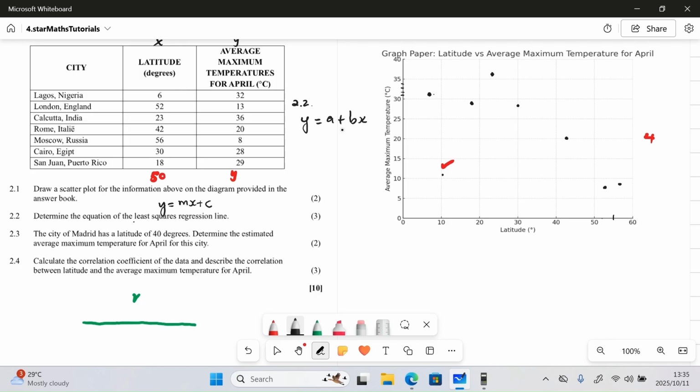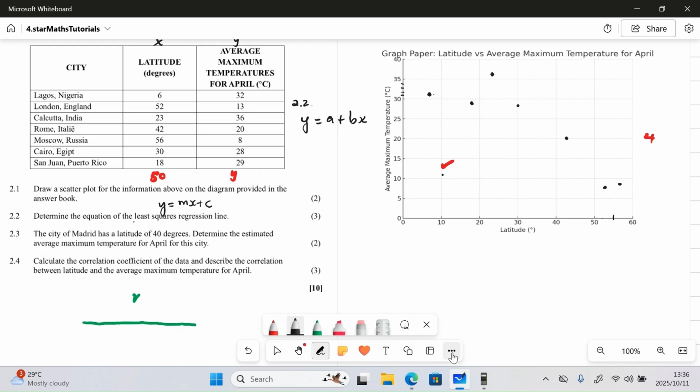The most common mistake learners make is to swap the value of a and b. The value of a represents the value of c, it's the y-intercept. The value of b is the gradient, which in most cases is just a small number. So you must be careful because you can lose 3 marks.